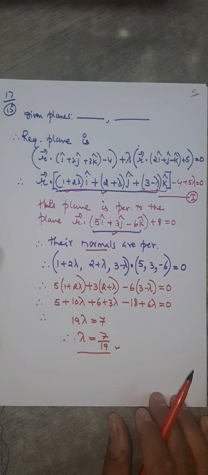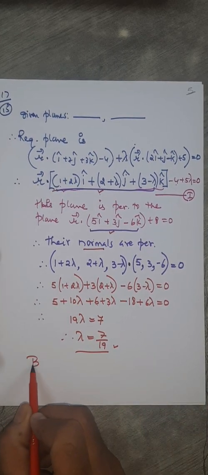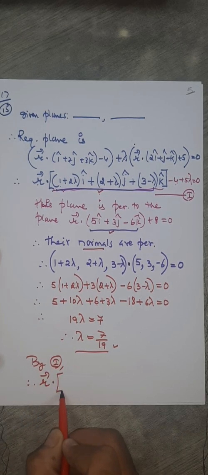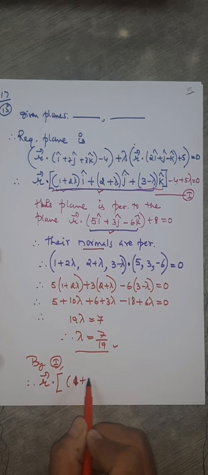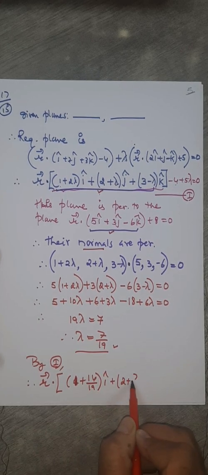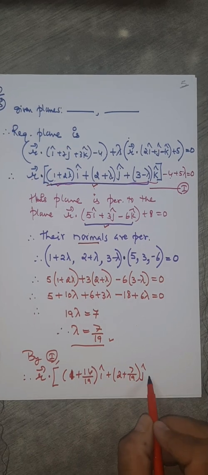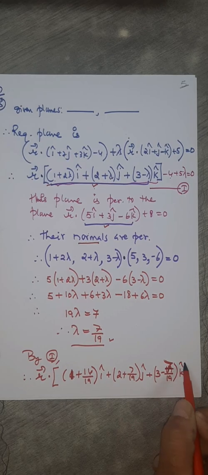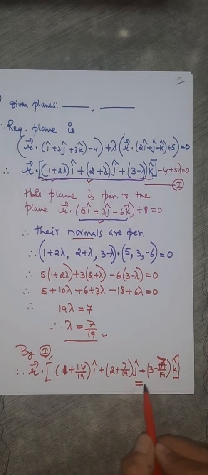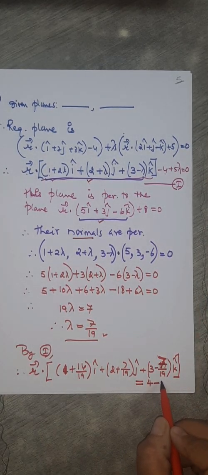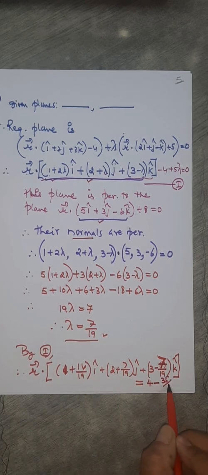So by 1, we have r dot (1 plus 14 by 19) i cap plus (2 plus 7 by 19) j cap plus (3 minus 7 by 19) k cap equals, here I'll take this one on the other side, 4 minus 5 into 7, so 35 by 19.